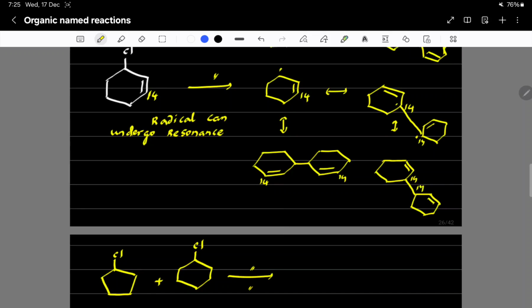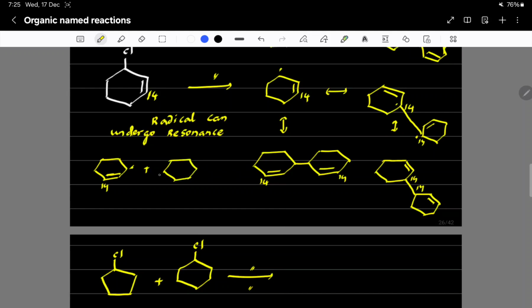Okay, and one more possibility also there, student. This will undergo recombination, these two cross. Now I will get the product, student, you can check it. Now this is radical, this is a C14. This is a C14 radical, student. C14 plus this will be, look at this, student.